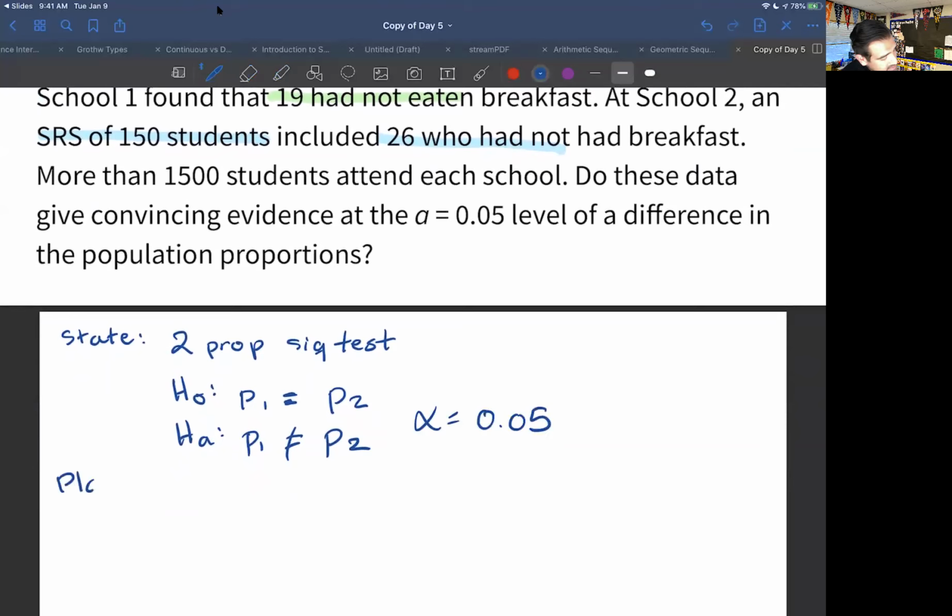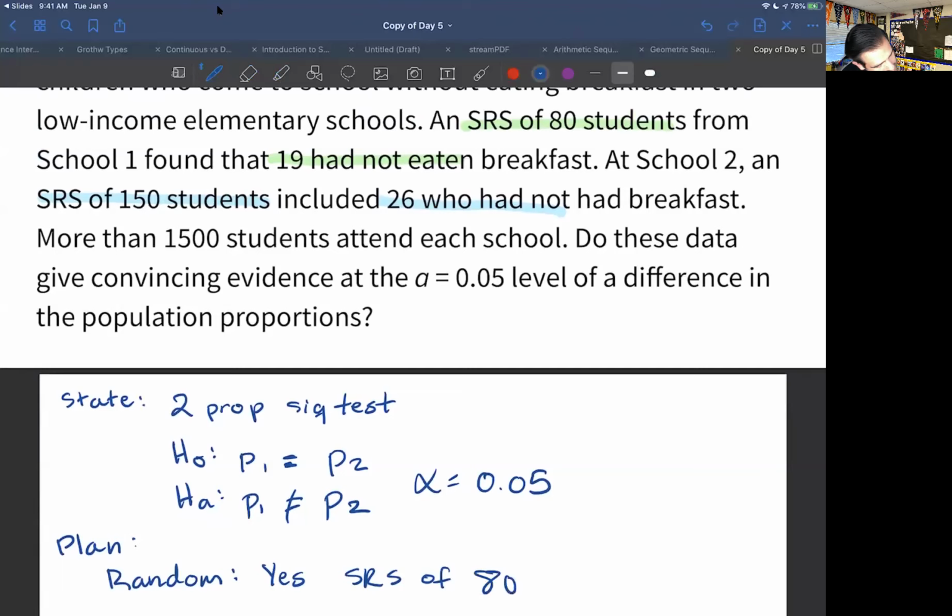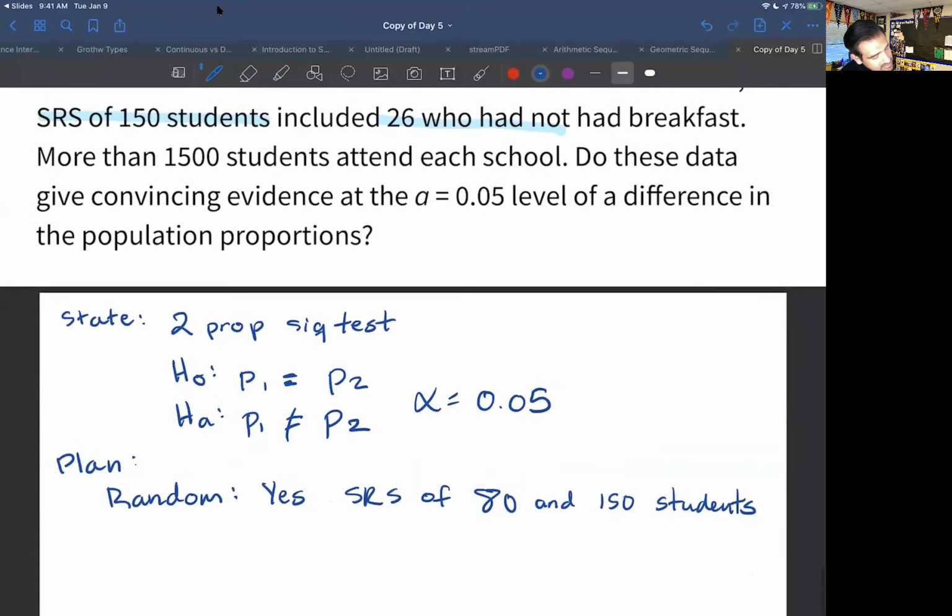Now let's check my conditions. Is it random? Yes. SRS of 80 and 150 students. So I know that it is random. I can check, is it independent?